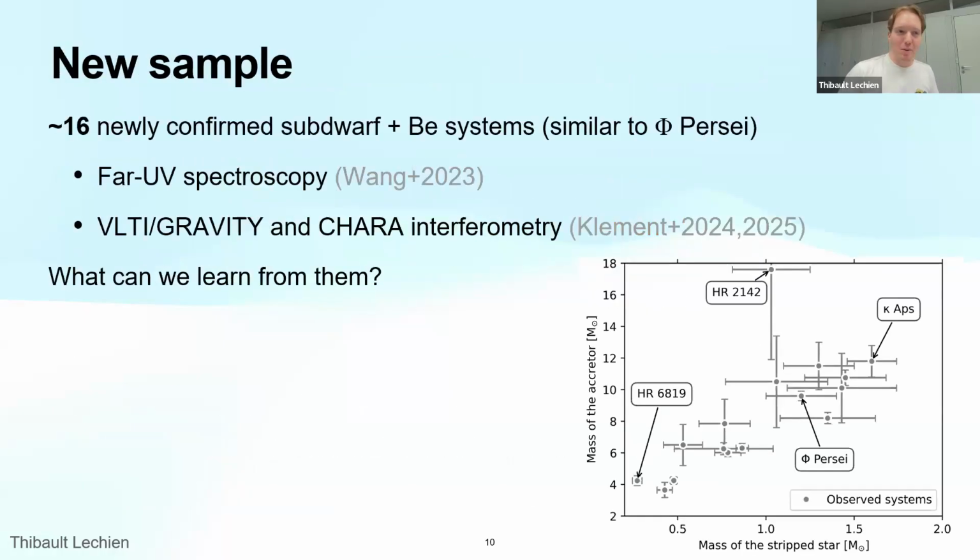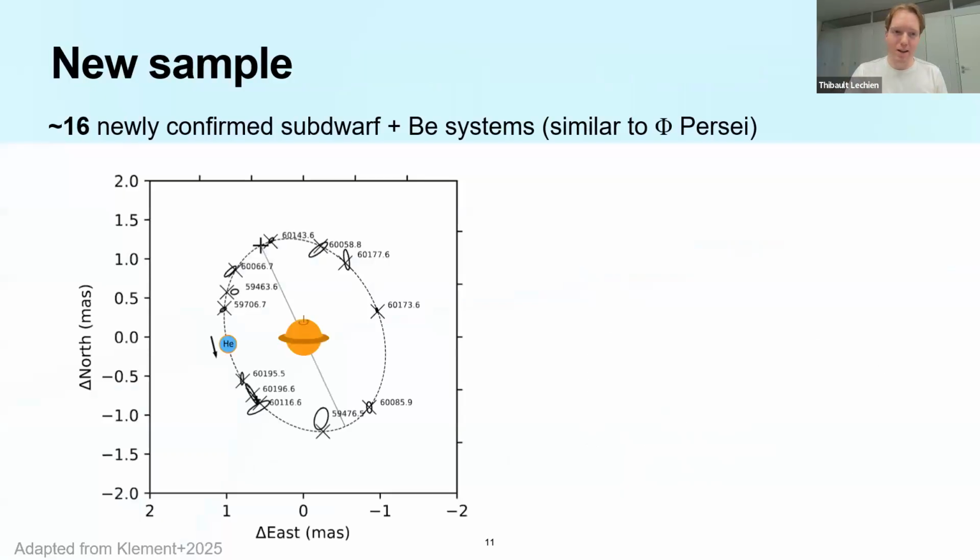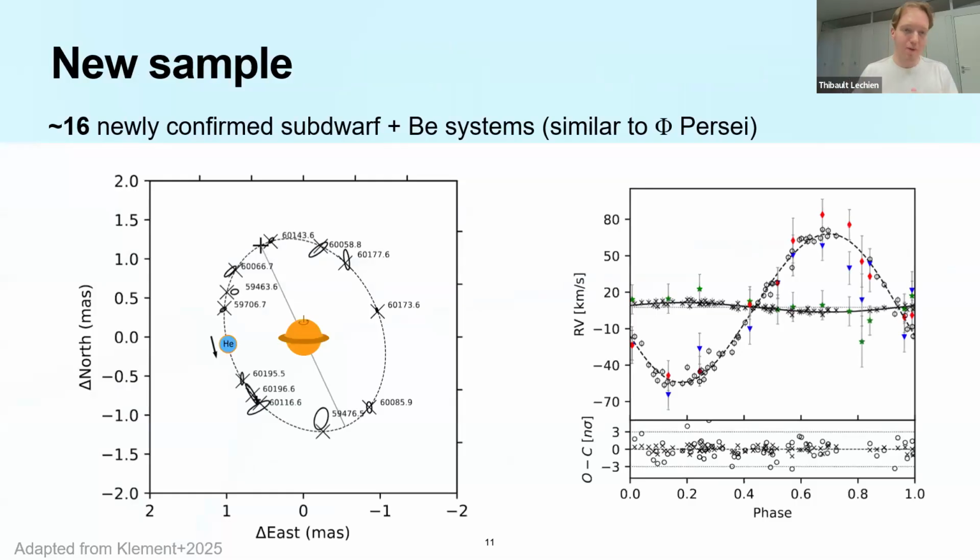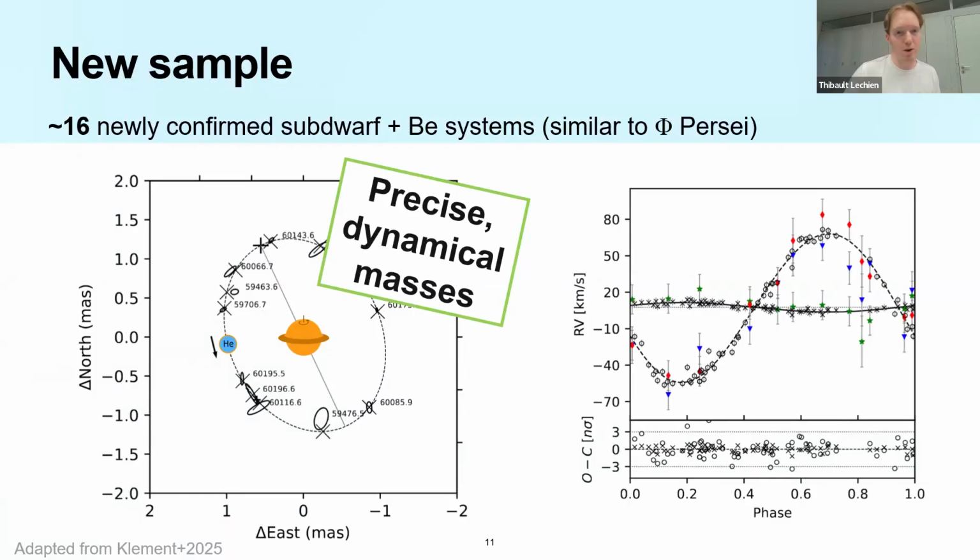And so the way that we're going to try to examine this further is using a very big new sample of similar systems, so subdwarf B-star systems, that have been characterized using Fourier spectroscopy, and we have partially dynamical masses using interferometry, which gives us very accurate mass estimates, and it's so precise that we can actually resolve the orbits of this subdwarf going around the B star, which is very powerful.